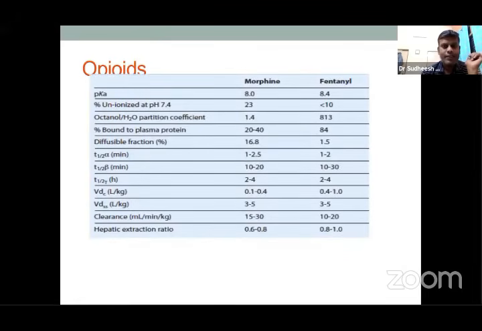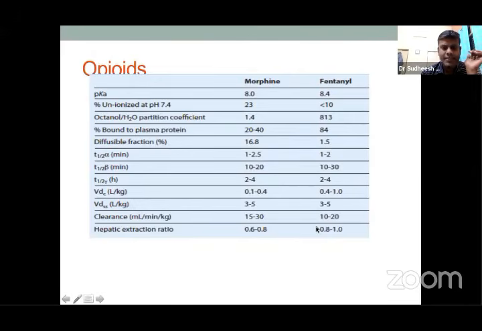What is important here is, if you see, the protein bound concentration of morphine is only 20 to 40%, whereas fentanyl is 84% bound to plasma protein. Morphine is bound to albumin, whereas fentanyl is bound to alpha-1 acid glycoprotein. Fentanyl is more widely distributed and has a faster elimination half-life when compared to morphine.